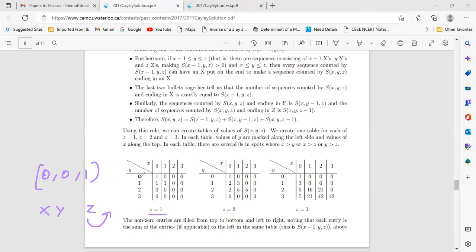And you have 1, 0, 1. Y is not moving, which means definitely you cannot move X also, right? But still you can move Z to the next space. But for X, it is not allowed. You're going to put 0 here.